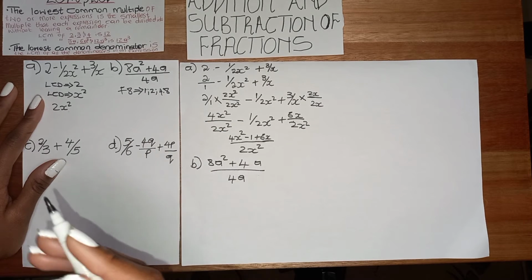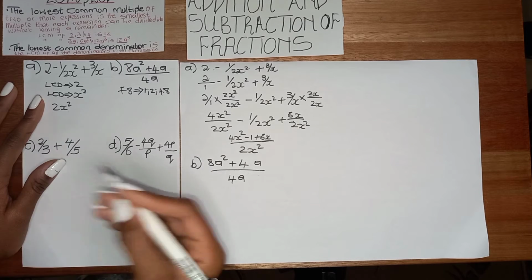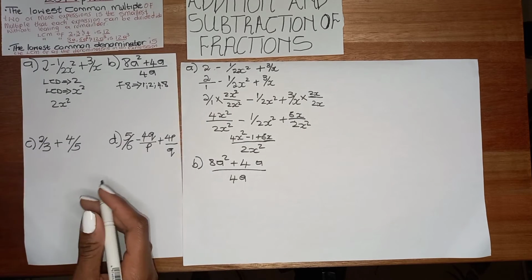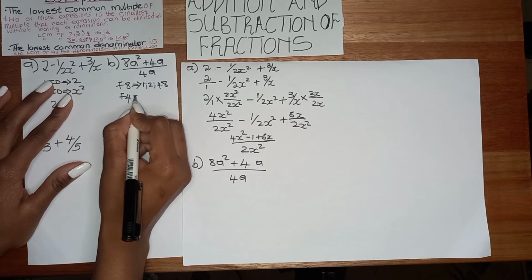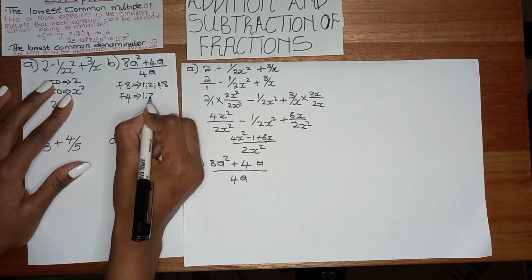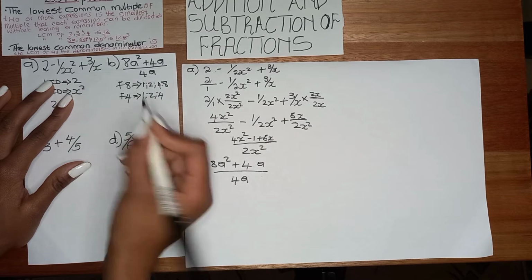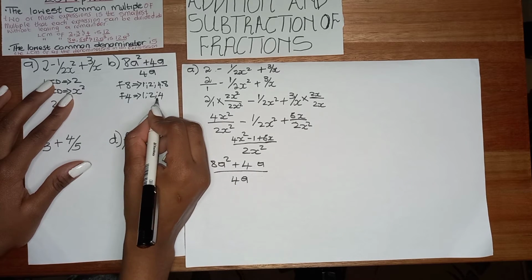Factors are numbers that can divide fully into a number without leaving a remainder. And then factors of 4: we have 1, 2, and 4. So we can see that the highest common factor is 4.